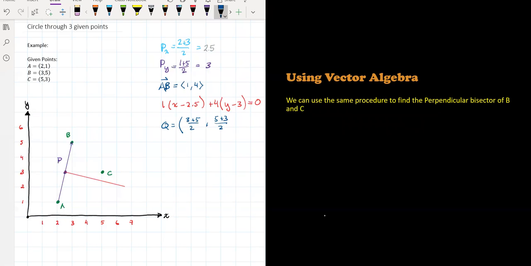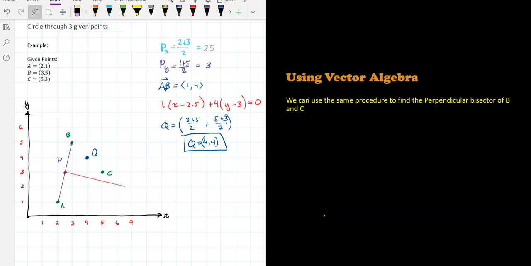I believe both of those end up being 4. So Q equals (4, 4). So this is our midpoint. If I go to (4, 4), that's about there. There's our midpoint of B and C.